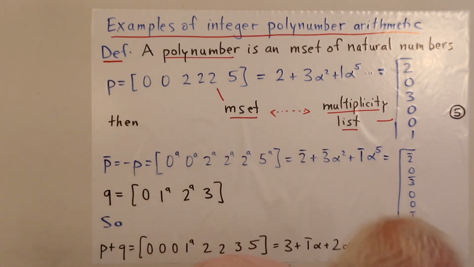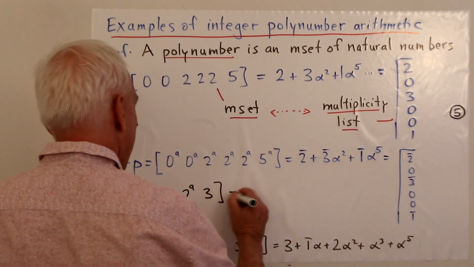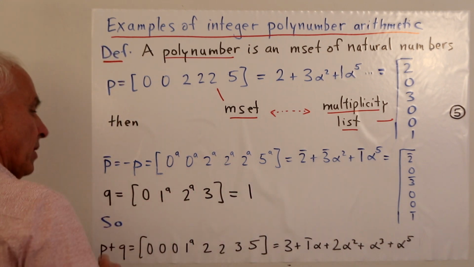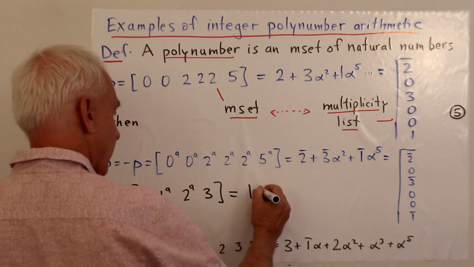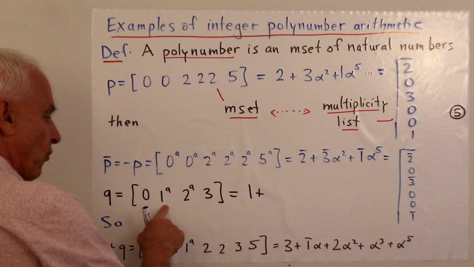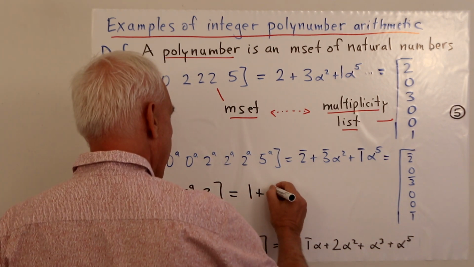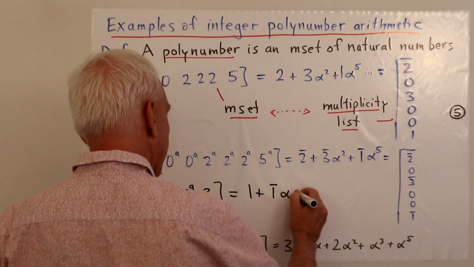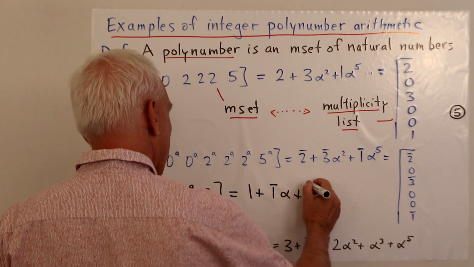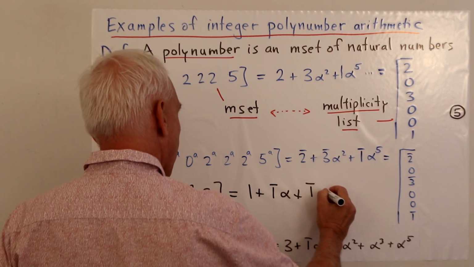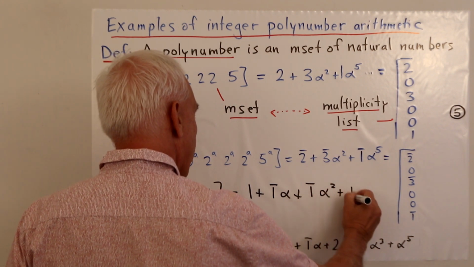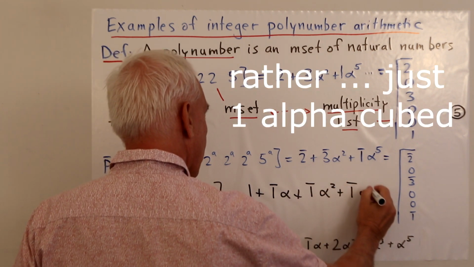So as a polynumber, this would be, well, there's a single 1. There's a 1 to the a here, so that's like 1 bar times alpha. And there's a 1 bar times alpha squared, and there's a 1 bar times alpha cubed.